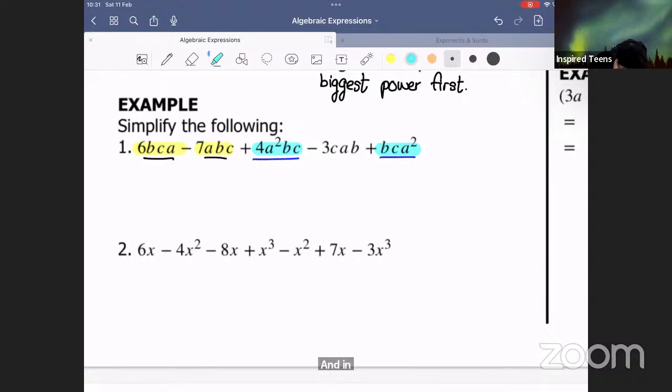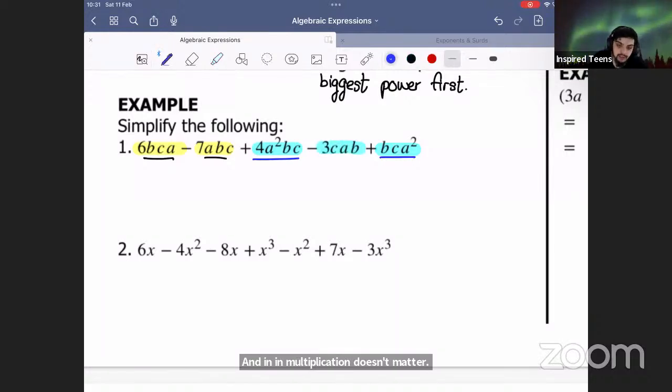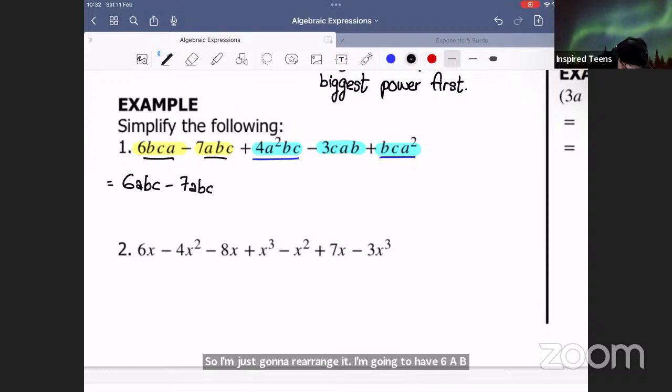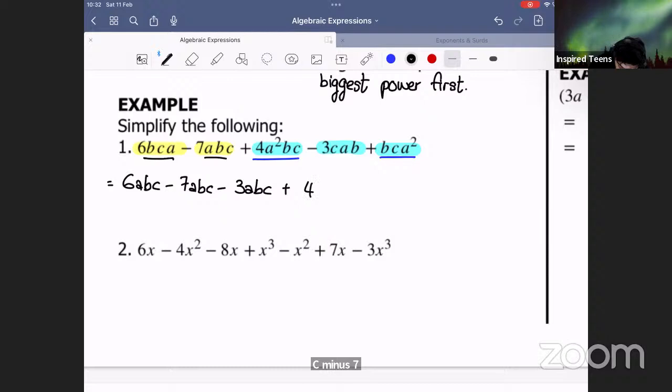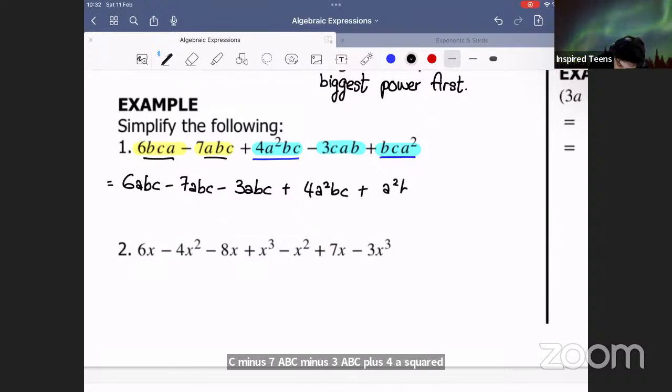What about this one? CAB is the same as ABC. Again, we want to do it in alphabetical order, so I'm just going to rearrange it. I'm going to have 6ABC minus 7ABC minus 3ABC plus 4A squared BC plus A squared BC.